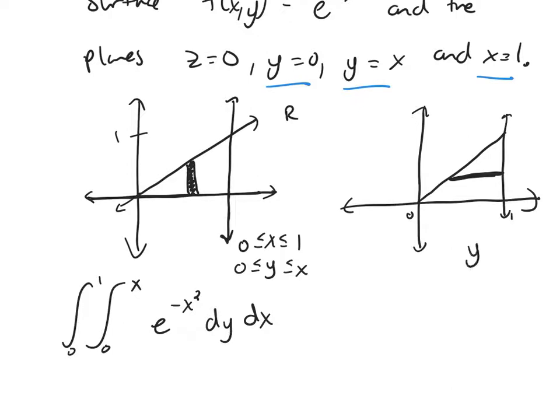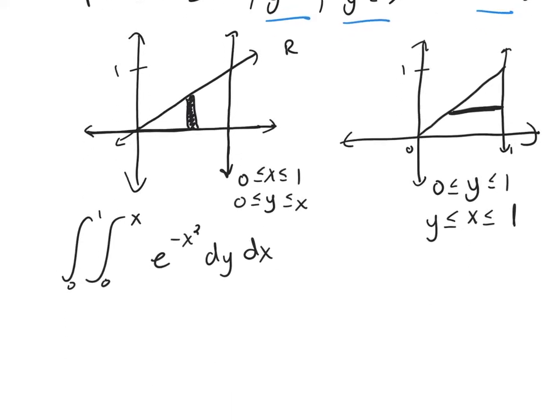So now my y values go from 0 to 1, but now x is between the right function and the left function. The right function is x equals 1, and the left function is x equals y.